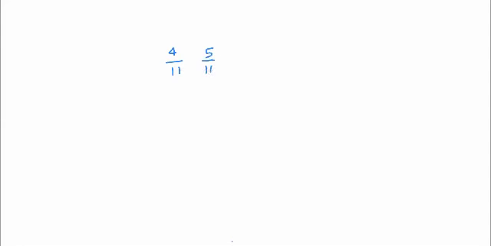If the denominator is same, then whichever numerator is greater, that fraction is the greater fraction. So in this case, which is the greater numerator? 5 is the greater numerator, therefore this is greater.